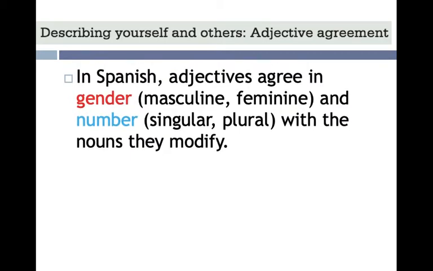In Spanish, adjectives agree in gender, masculine or feminine, and in number, singular or plural, with the nouns they modify. Por ejemplo, una persona cómica. We have the indefinite article una, a, that goes with persona, feminine singular, and then the adjective cómica, again, feminine singular.